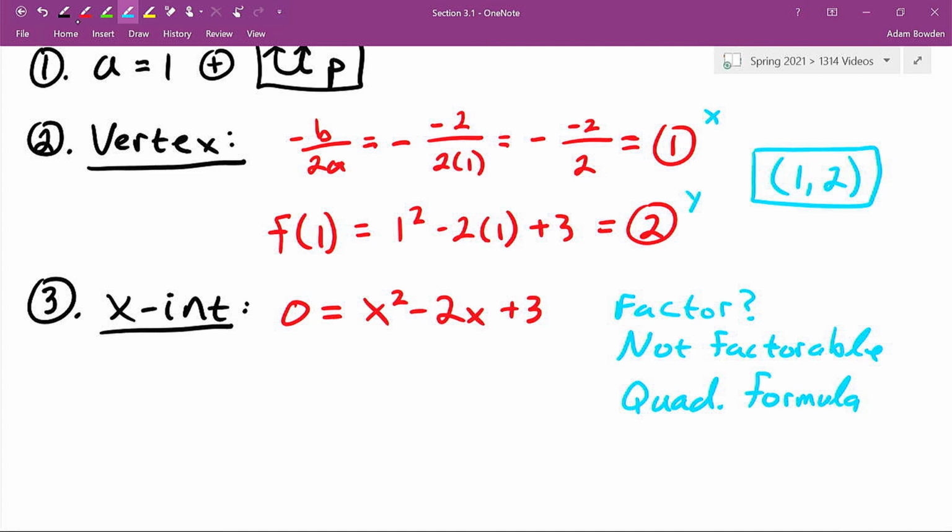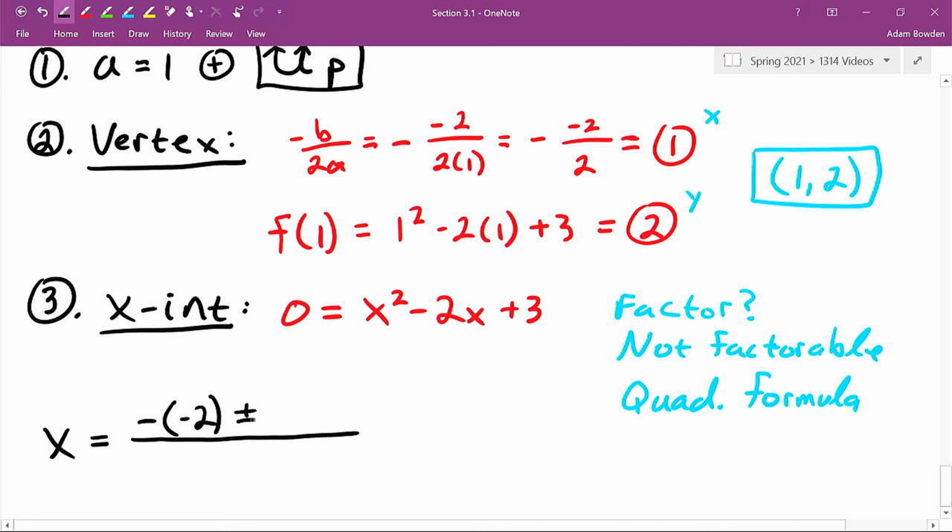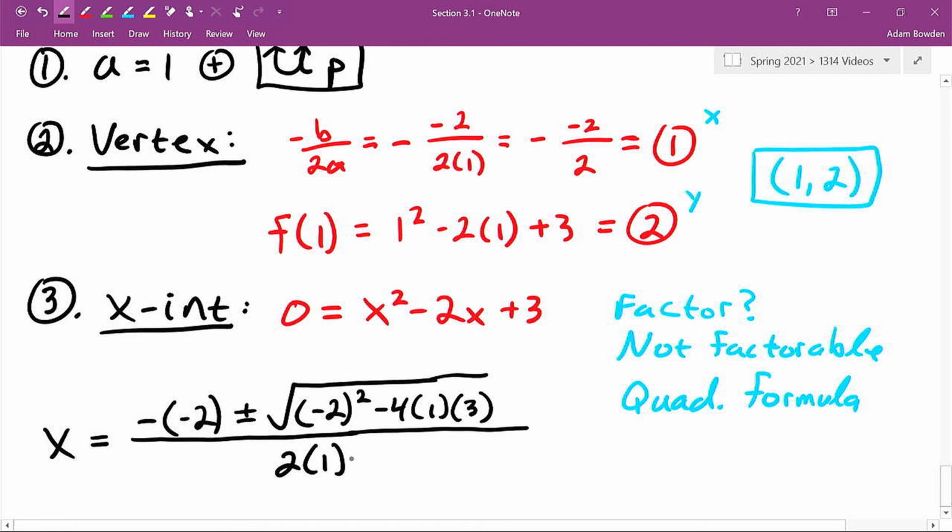So to do the quadratic formula, we'll set up here with x is equal to negative b, negative negative 2, plus or minus the square root of b squared minus 4ac, all over 2a.